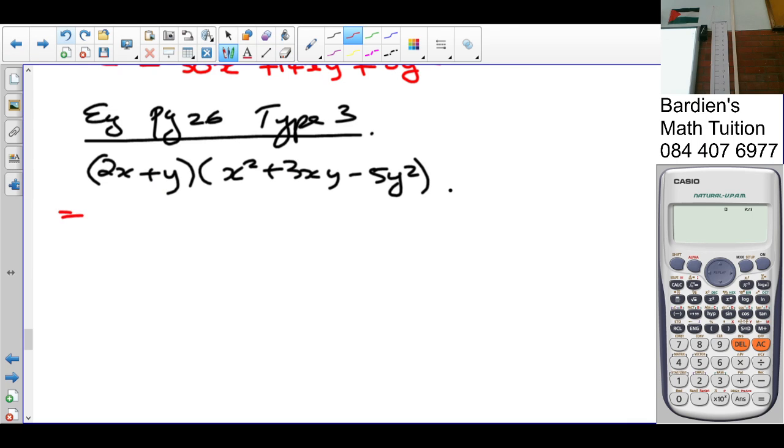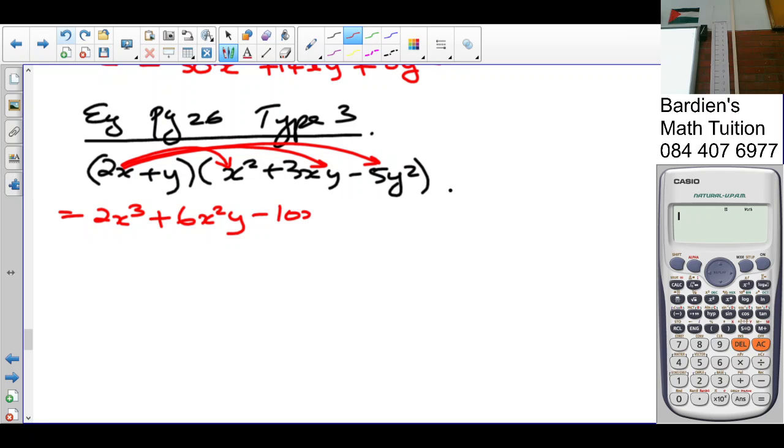So let's multiply. 2x times x squared? 2x cubed. 2x times 3xy? 6x squared y. 2 times 3 is 6, x times xy is x squared y. 2x times negative 5y squared?